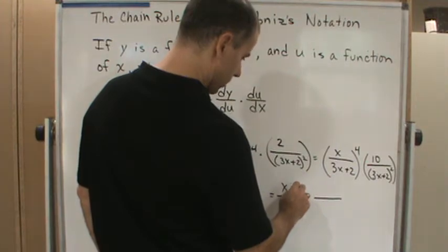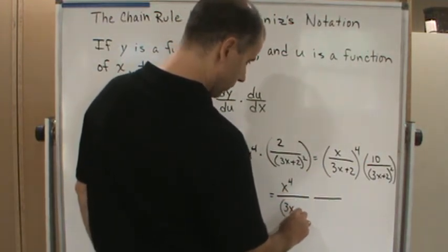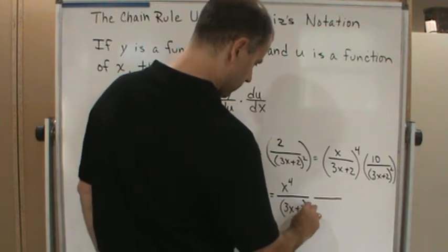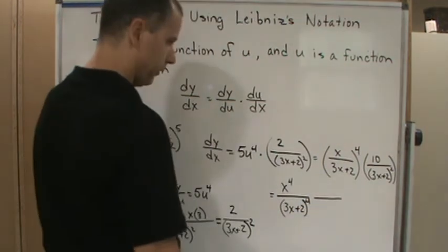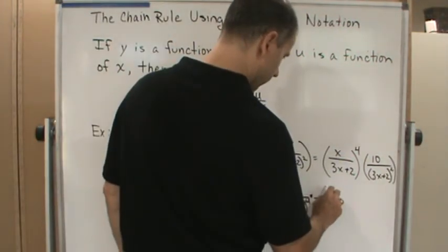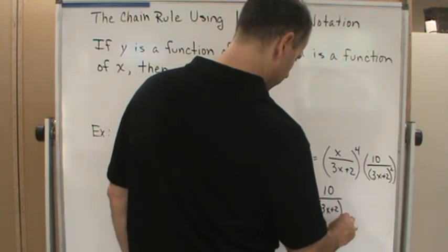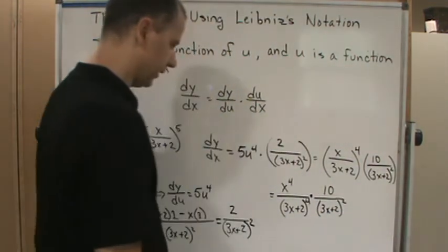We have x to the fourth over 3x plus 2 to the fourth, times 10 over 3x plus 2 to the second, or squared.